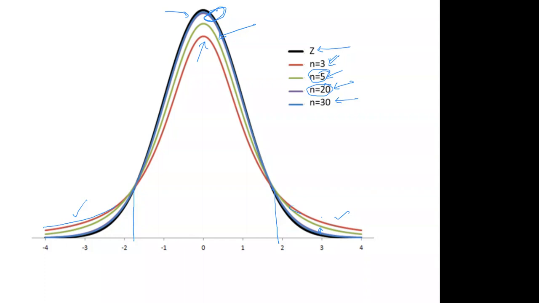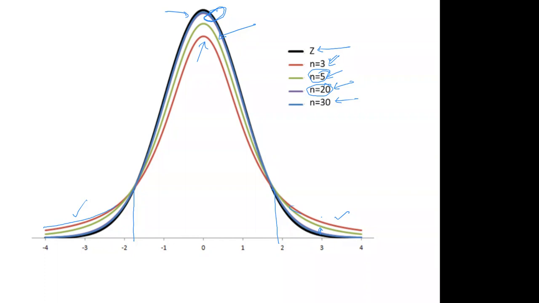Okay, that is the comparison I want you to keep in mind. Standard normal distribution and t distribution are extremely similar when sample size is closer to 30 or above, okay? If sample size is 30 or above, they're pretty much the same. But for less than 30, it starts to deviate from the standard normal distribution.